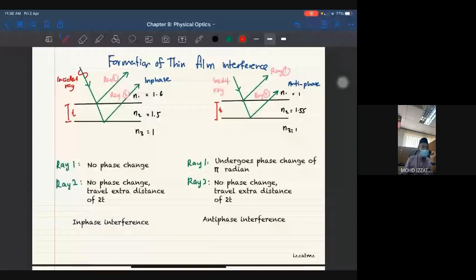So in this case, does the phase change occur for ray 1?